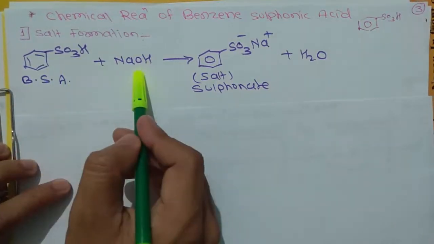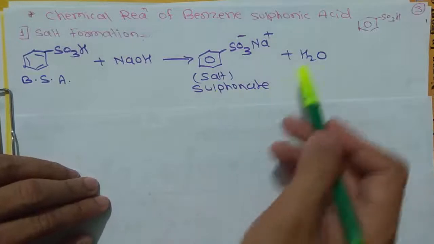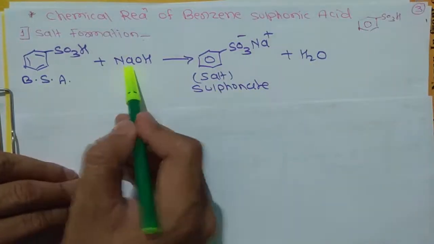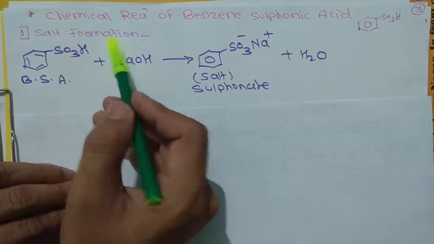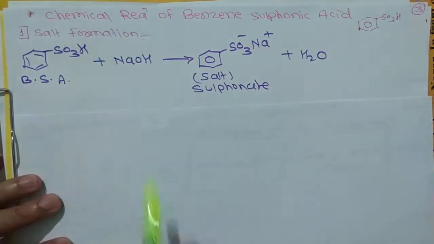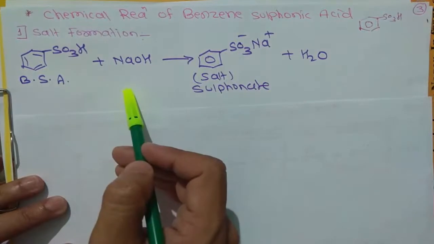Benzene sulfonic acid reacts with aqueous NaOH, and there is a formation of sulfonate plus water. That is, acid and base react to form salt and water. So the first reaction of benzene sulfonic acid is the salt formation reaction.